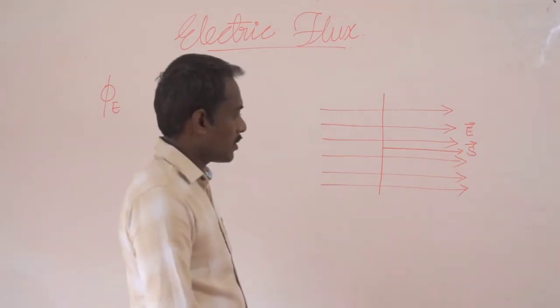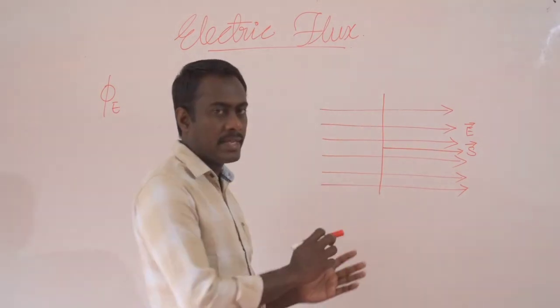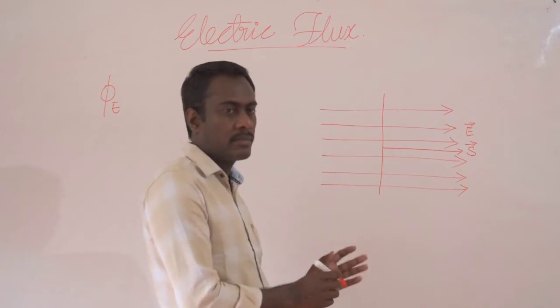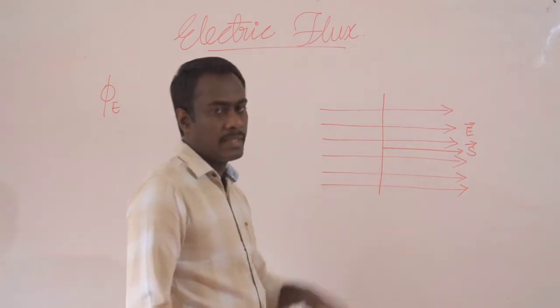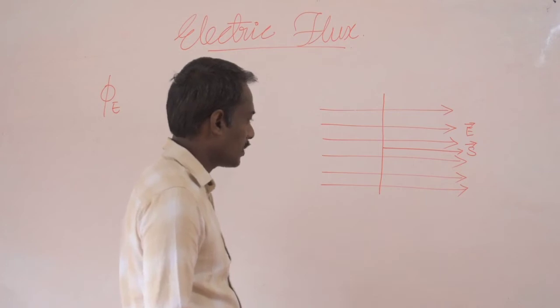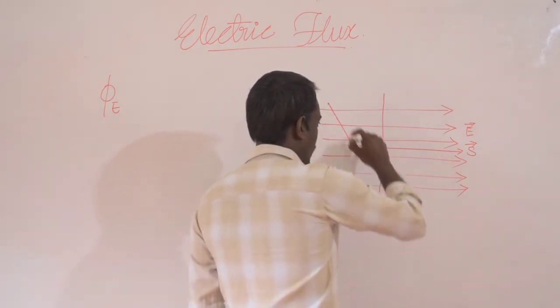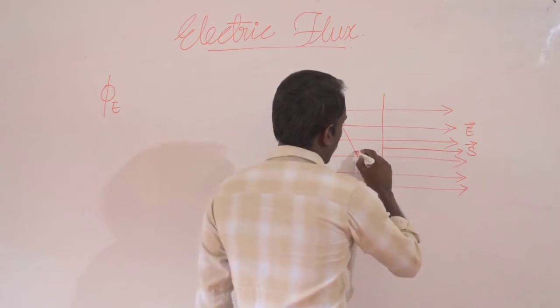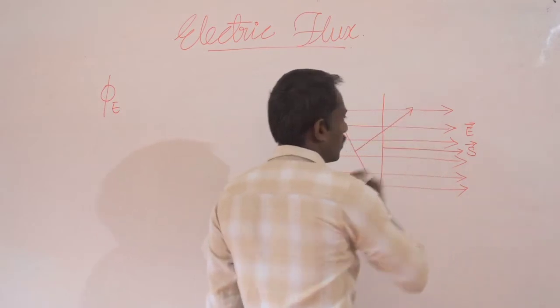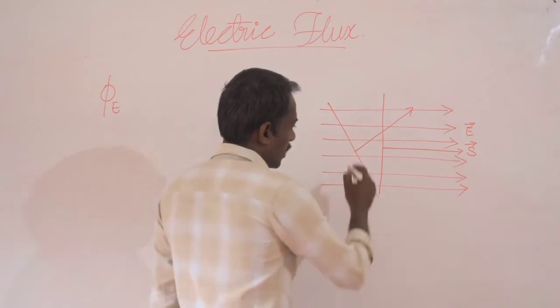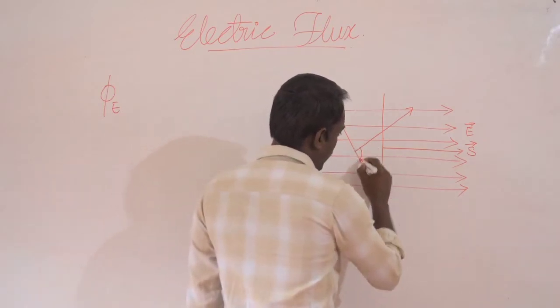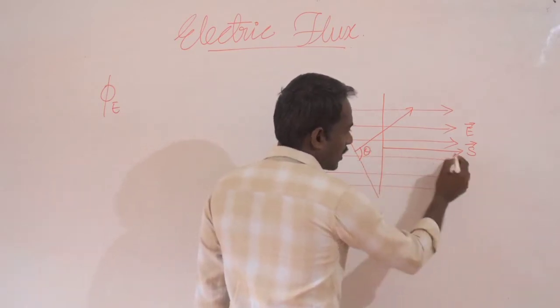So what happens? This area element is slightly tilted and it makes an angle theta. For example, this area is slightly tilted like this, and now this is the area vector and it makes an angle theta with the electric field lines.